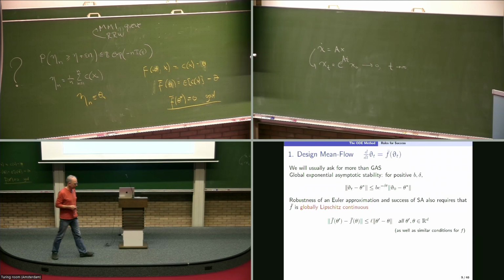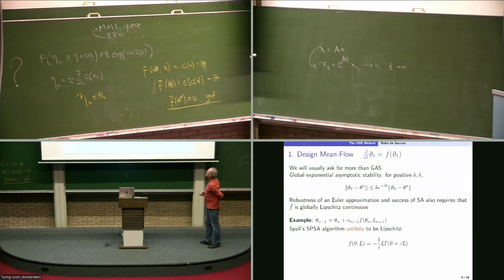I'll give a simpler example. Here's an example. The reason that this version of Spall's algorithm has not been very popular is because it blows up. If you think about a typical loss function, so gamma is my loss function I'd like to minimize. Imagine it's a quadratic.